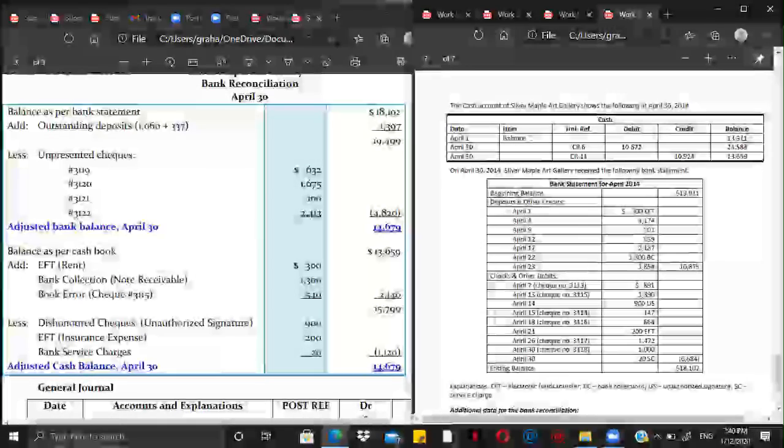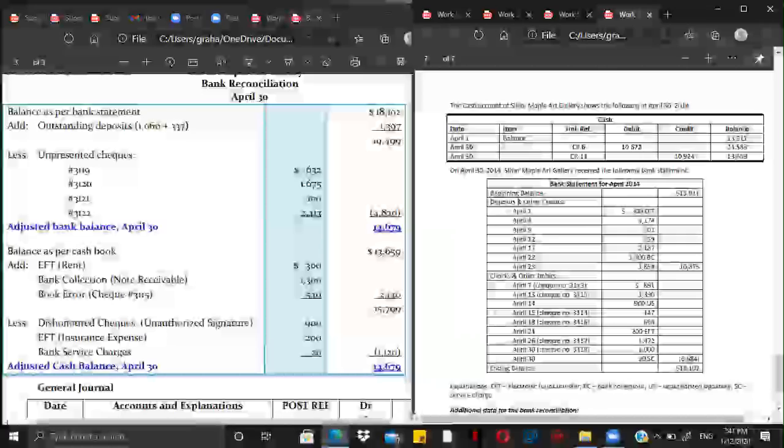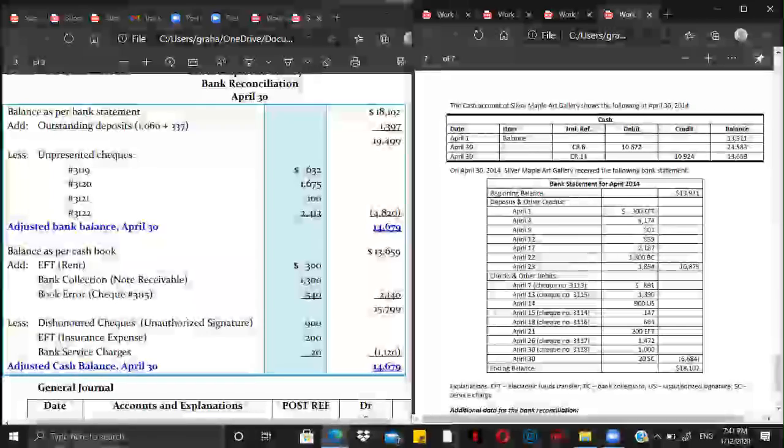We basically paid a check. We gave somebody a check, and the check was rightly supposed to be 1,390. But in the cash book, we recorded it as 1,930, and it's a payment.